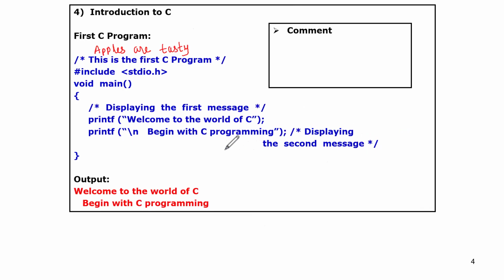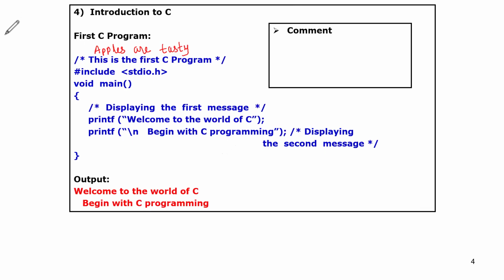So if I write something like this, what do you think? Will the compiler report an error? The answer is no, it will not, because the compiler simply ignores the comment. Okay. So please understand one thing, the comments are meant for the reader of the program, not for the compiler.